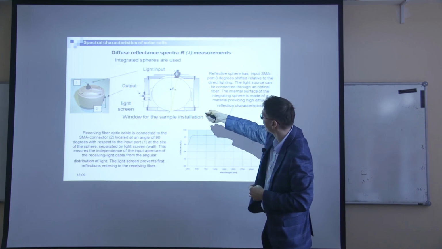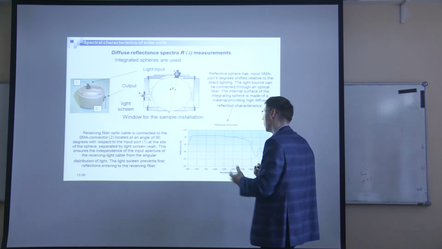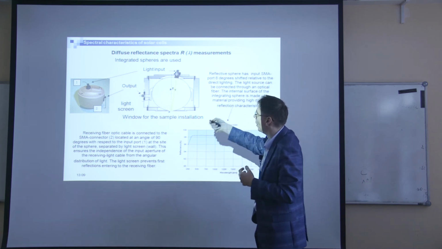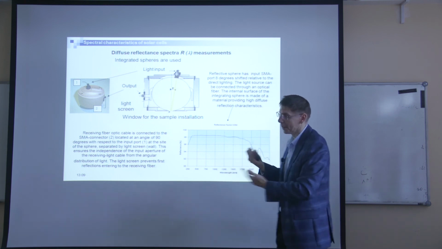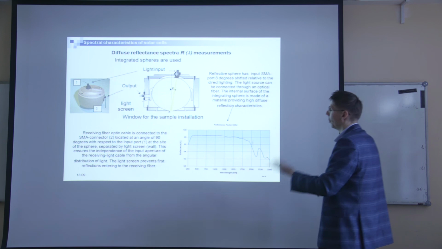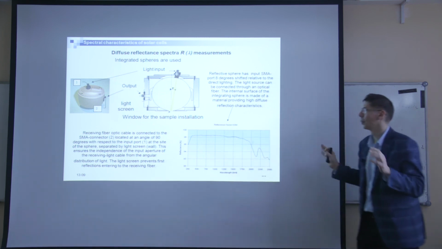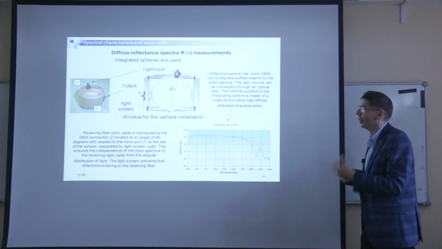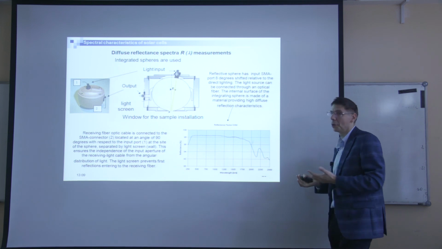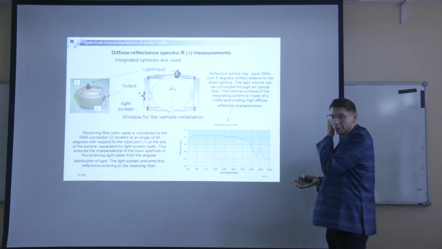It reflects, is captured, and doesn't come out, and you have only the diffuse part. So you can compare the diffuse and total reflectance. But in this configuration, you measure the total reflectance, which is actually most important for any photovoltaic application, because you have to know the real total reflectance of your solar cell.